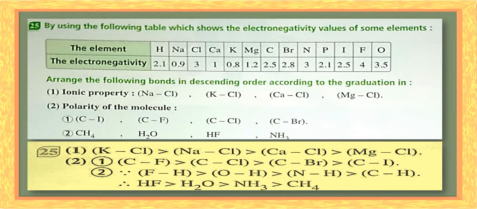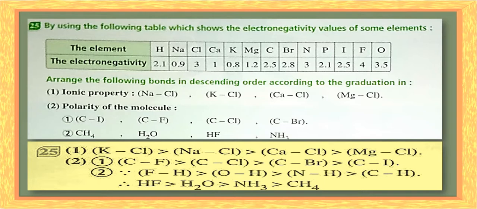The last one here: CH4, H2O, HF, and NH3. As we said, fluorine is the highest one, so the first is HF. Below it is the difference between oxygen and hydrogen, 1.4, a highly polar covalent compound.